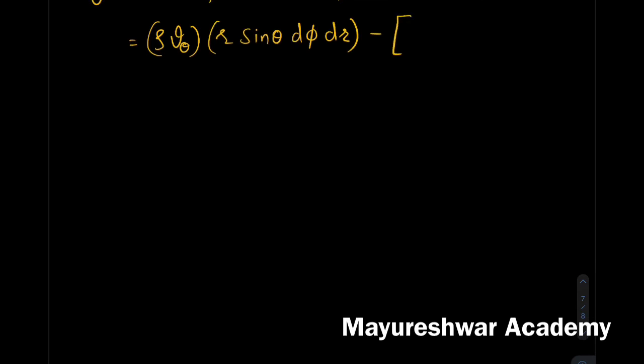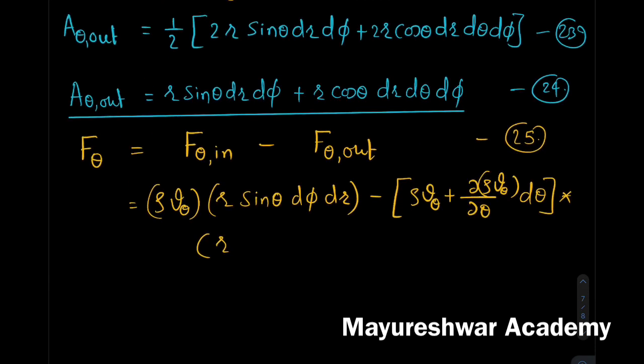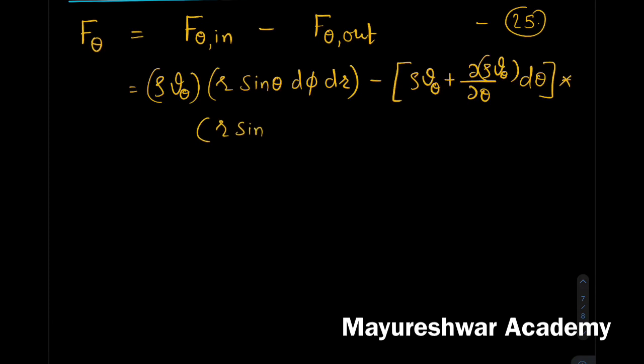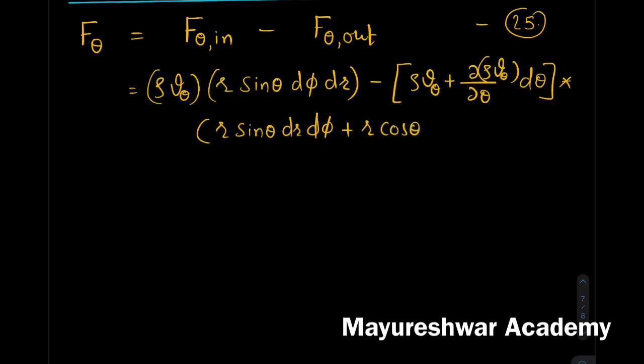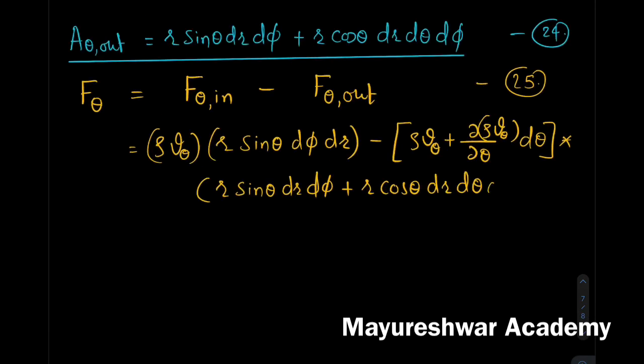So this is rho v theta times the area, which is r sine theta d phi dr, minus rho v theta plus partial over partial theta of rho v theta into d theta, multiplied by the area, which is r sine theta dr d phi plus r cos theta dr d theta d phi. Let us call this equation 26.